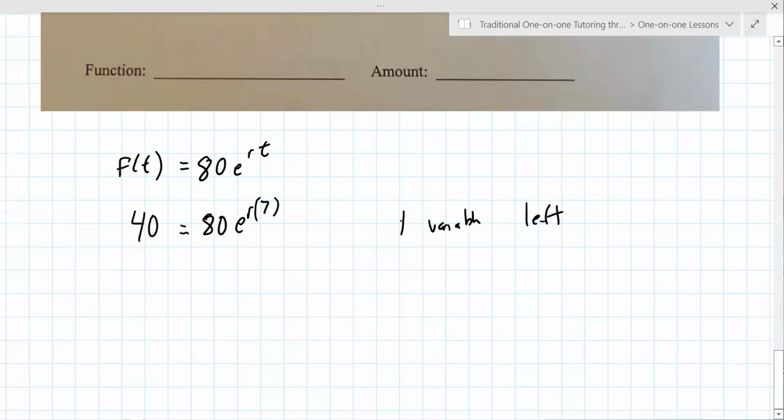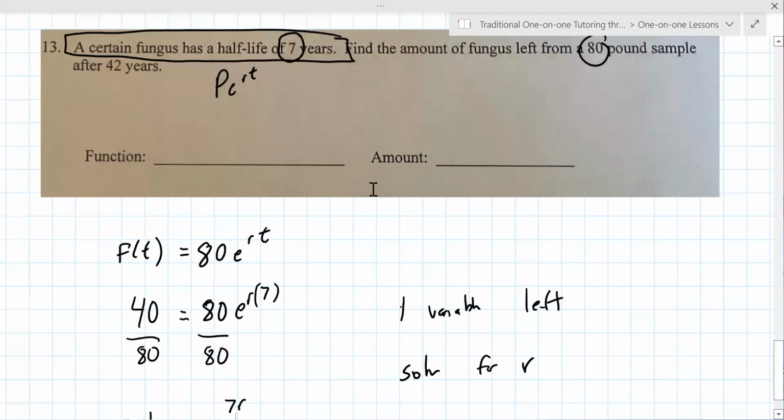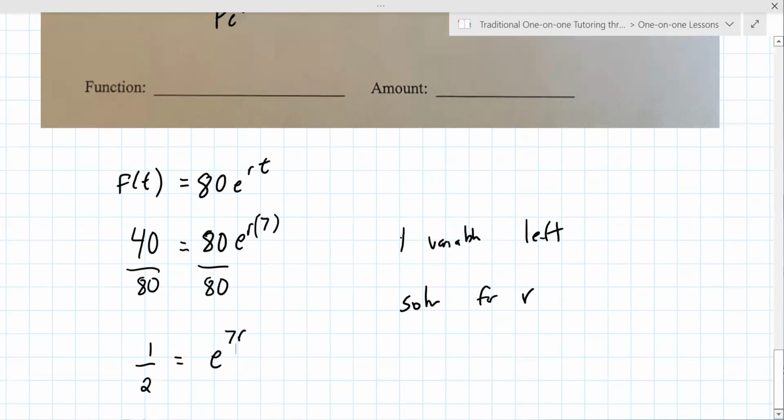Okay, so we're going to solve this together. We're going to solve for R. We're going to first divide both sides by 80. 40 divided by 80 is 1/2, equals e to the 7R. All right.